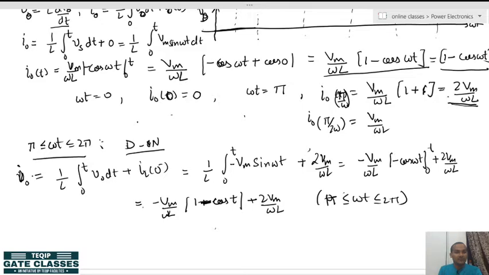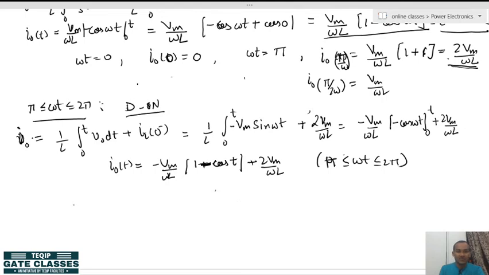Now, again we have to put the values. So, when you put omega t equal to pi instant, what will be the value of i naught at pi by omega? That value will be minus Vm upon omega L times 1 minus cos pi, which is minus 1, so minus minus plus.